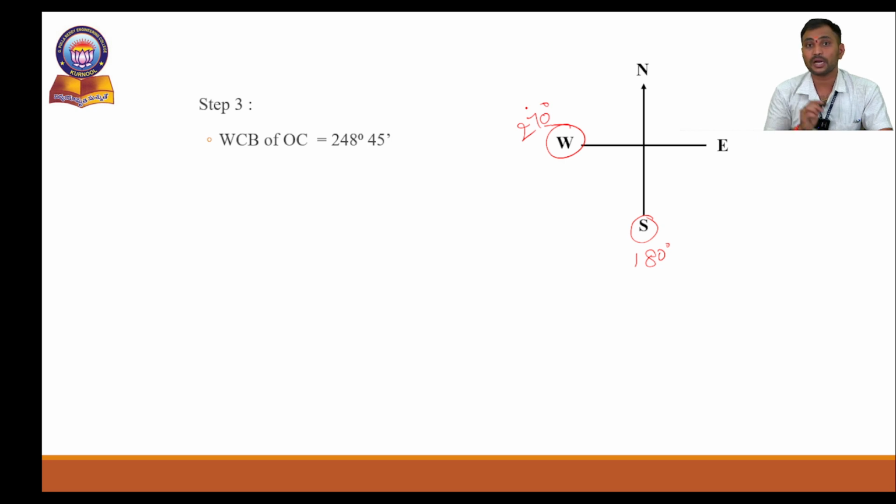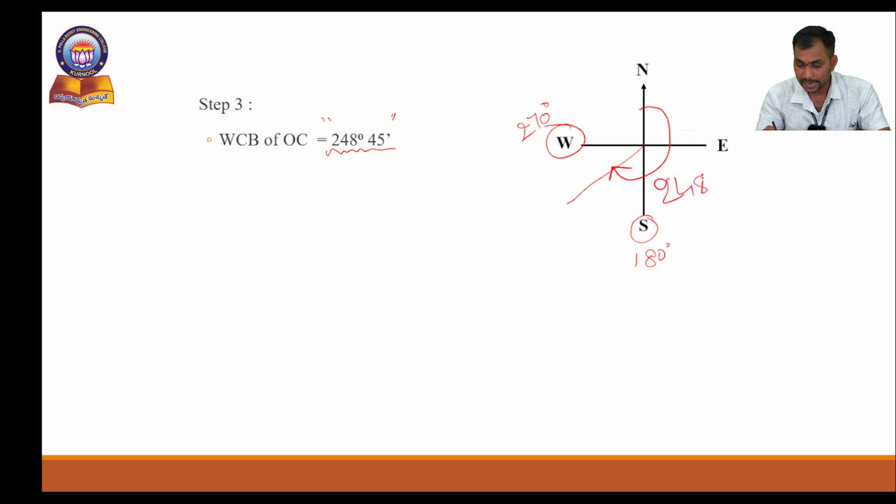But in our question, the whole circle bearing value given is 248 degrees 45 minutes, which will be present in between 180 to 270 degrees. From north to here, the value is 248 degrees 45 minutes. Okay, so we have to remove, right, we have to remove 180.